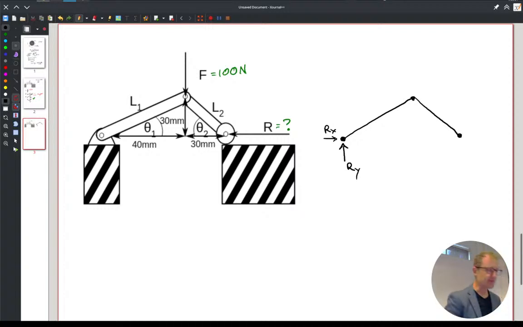So I did start to see that if I have a pin, I need 2 reaction forces at the pin. There's no torque there because it's not preventing rotation, but that pin can't move left and right, can't move up and down. Then I have F pointing down. I know I have R pointing this way.